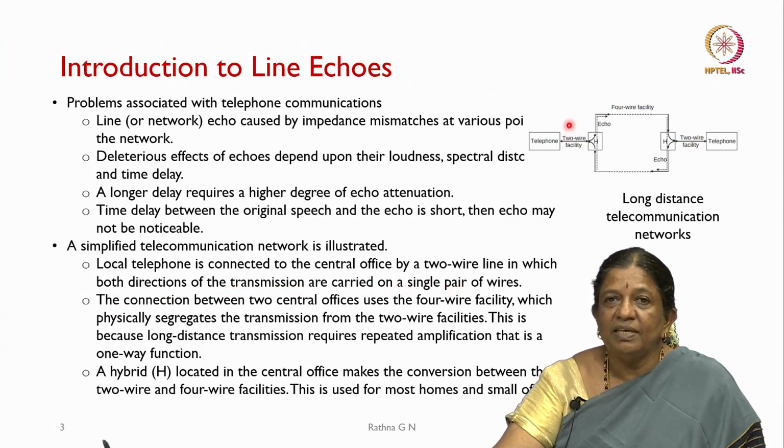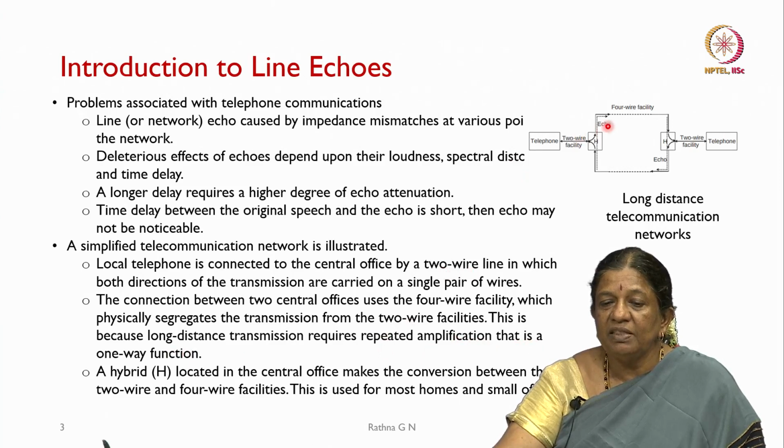The connection between 2 central offices uses a 4-wire facility, which physically segregates the transmission from the 2-wire facilities, because long distance transmission requires repeated amplification, which is a one-way function.